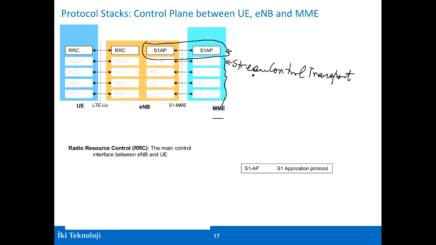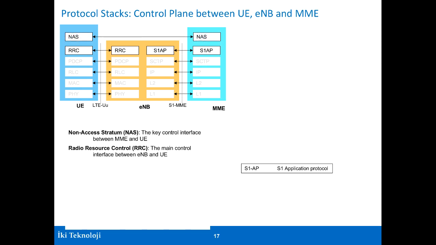In the S1 AP primer, we'll cover one level deeper what this is. For all practical purposes, you can say that this is equivalent to TCP. So you have a transport protocol which is SCTP running over IP.